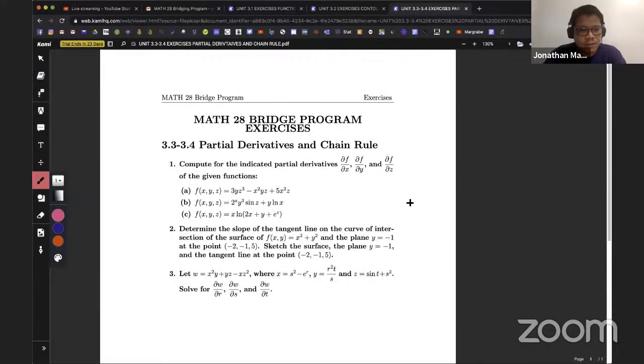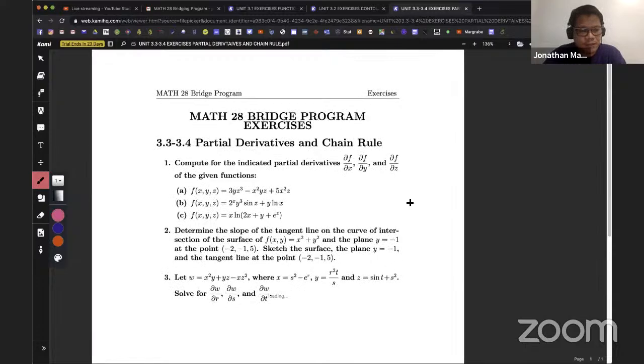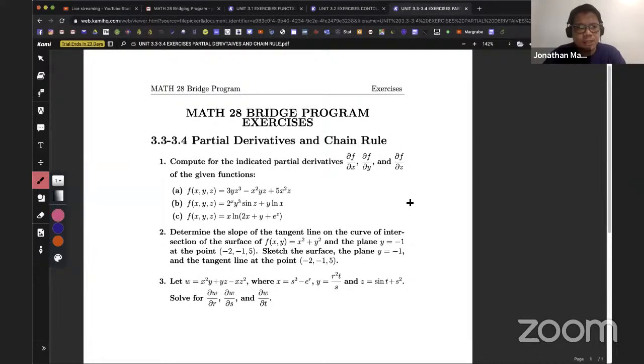Okay, so ito yung exercises for section 3.3 and 3.4.